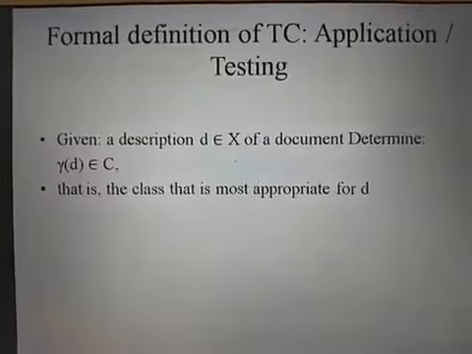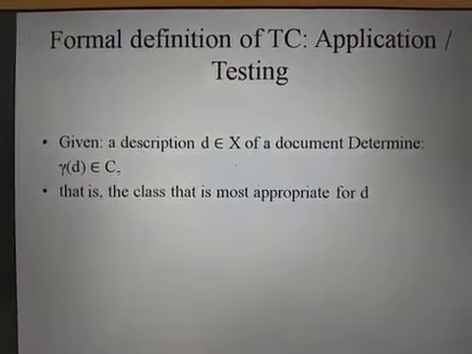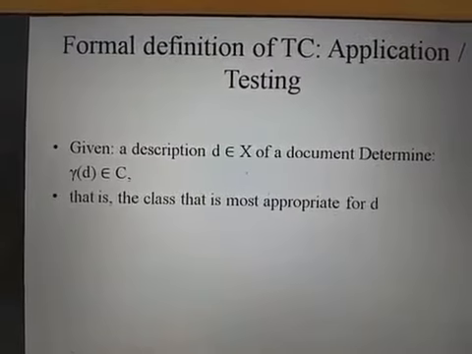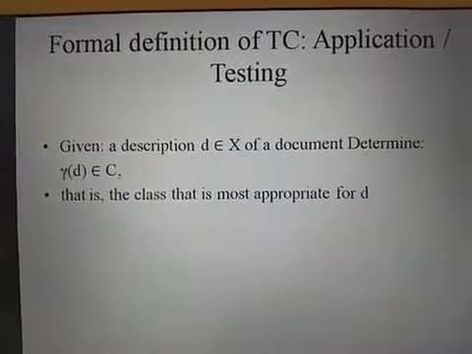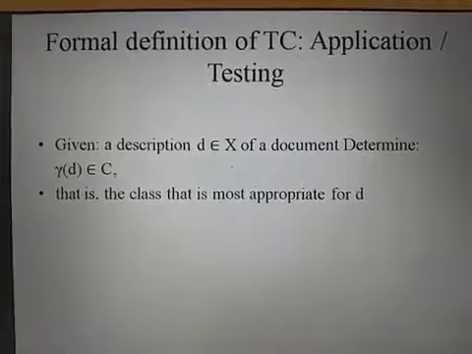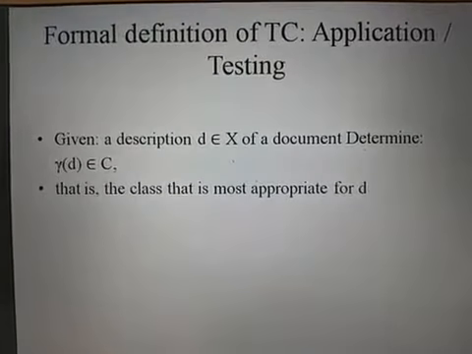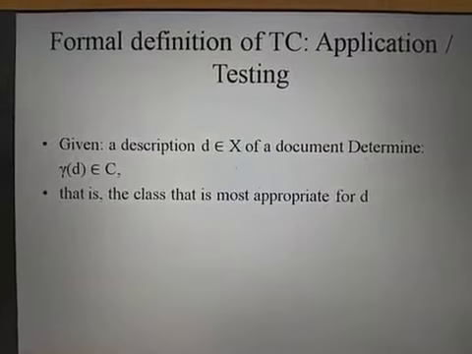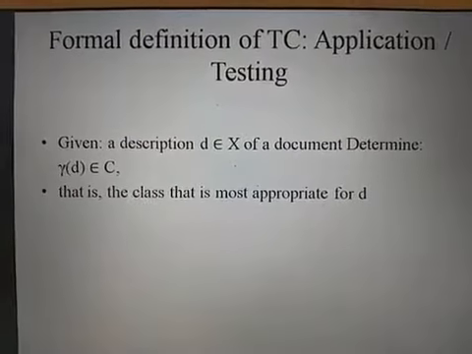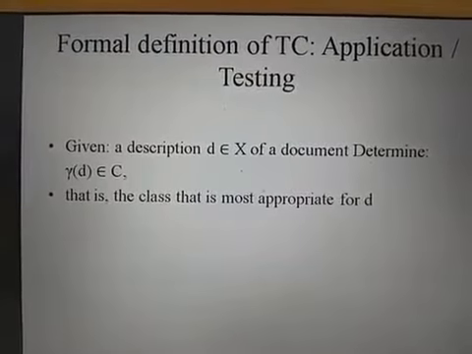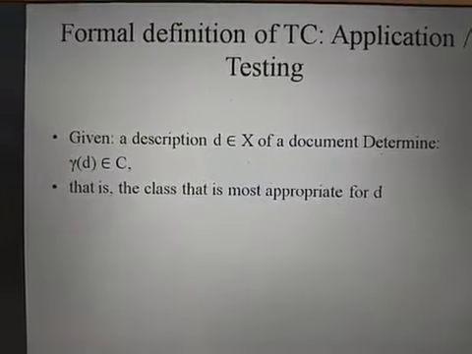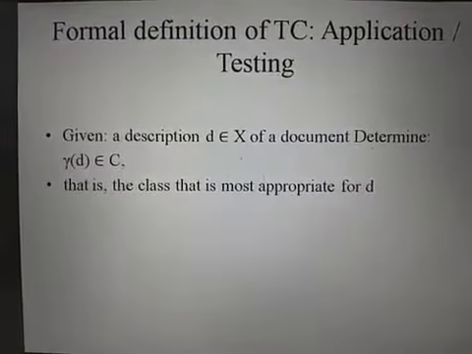That means it follows a supervised learning method, because in supervised learning there is a supervisor, a human who defines the classes and the labels for training documents, who serves as a teacher directing the learning process as to which class a document belongs to.